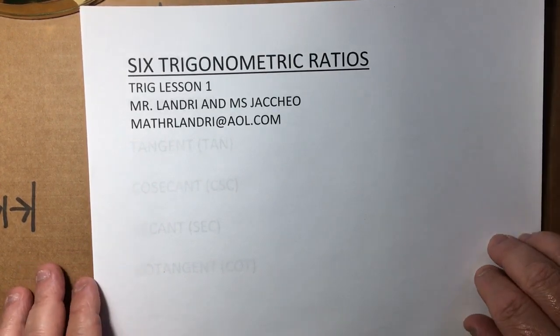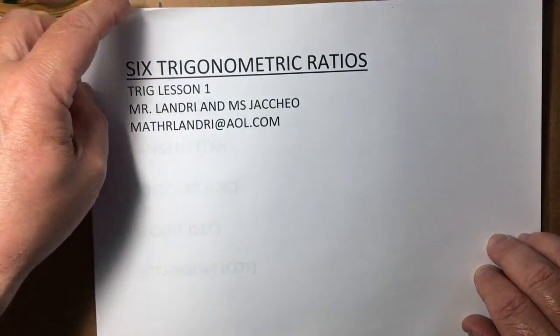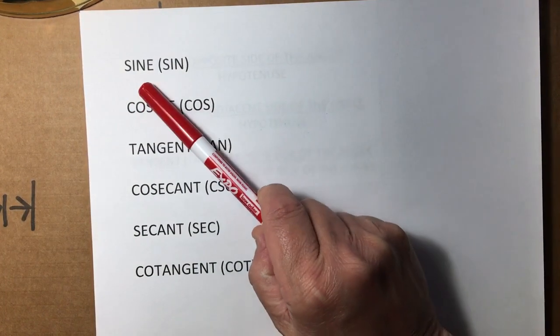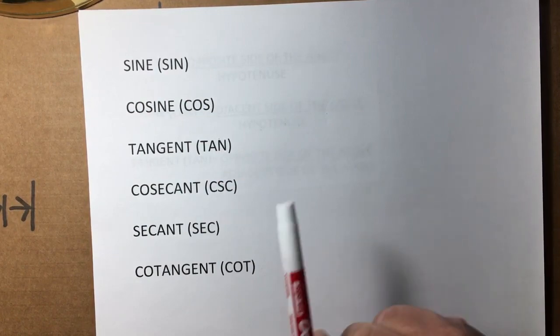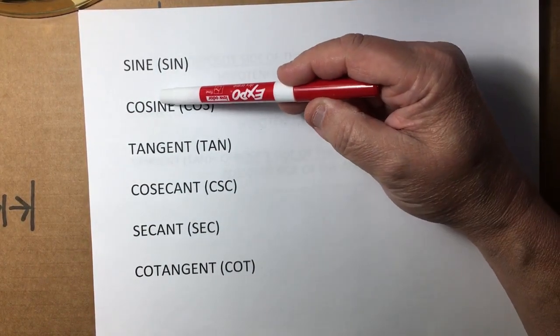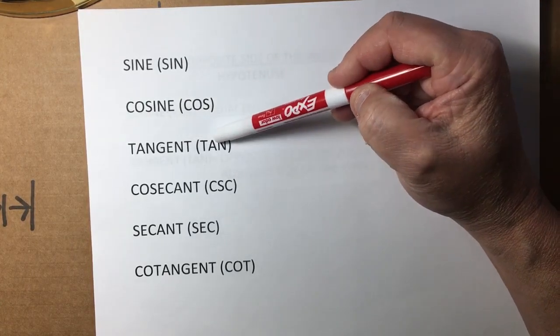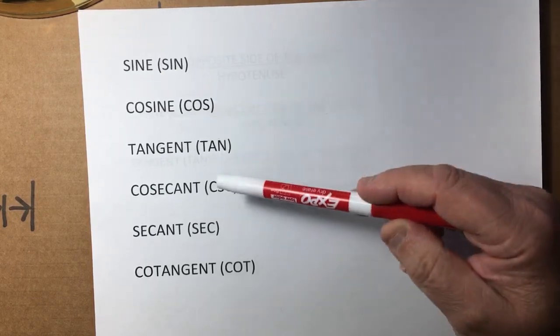The 6 trigonometric ratios, in other words, the six fractions that can be made, have these names. Sine, which is abbreviated SIN. Even though you write SIN, you still say sine. Cosine, abbreviated COS. Tangent, abbreviated TAN. You write TAN, but you say tangent.